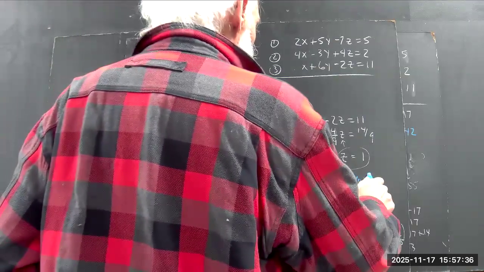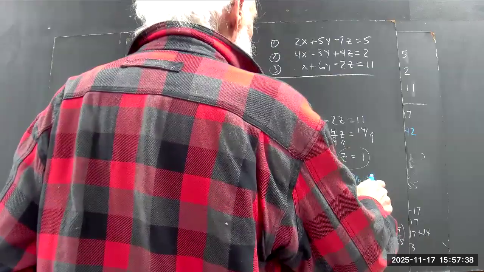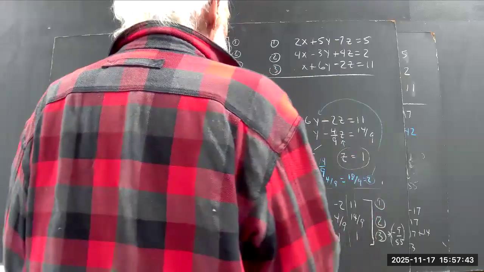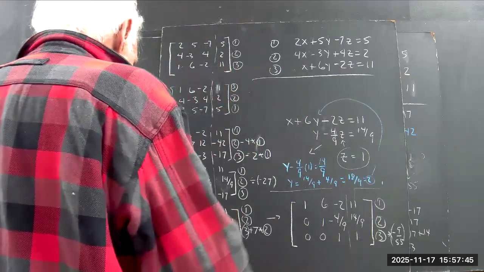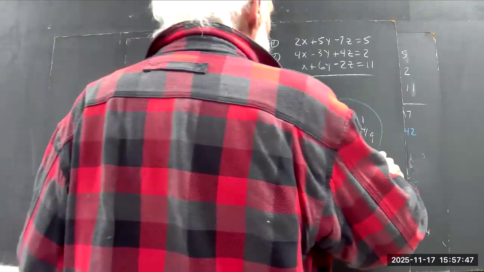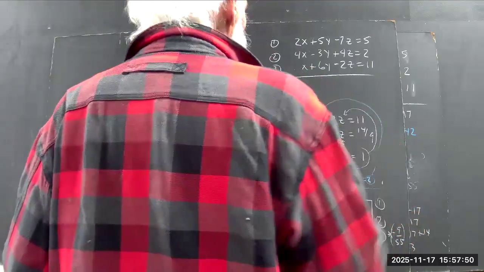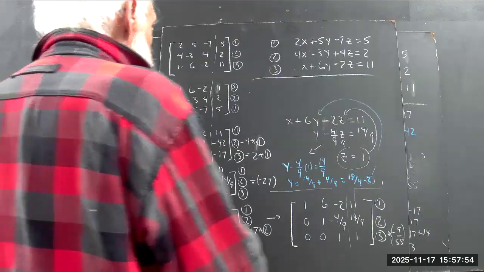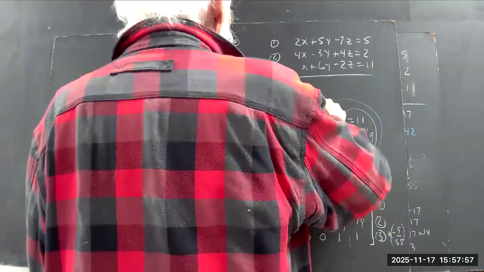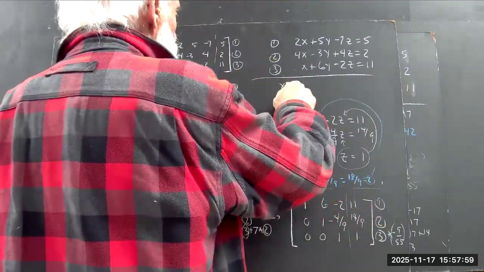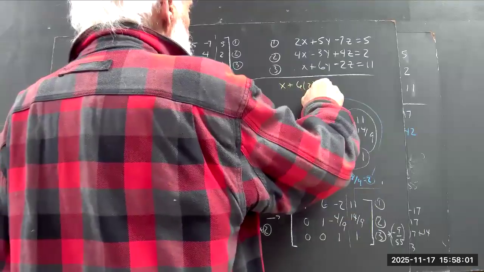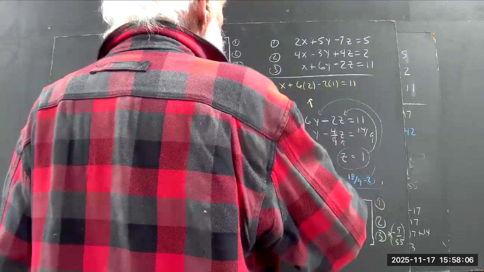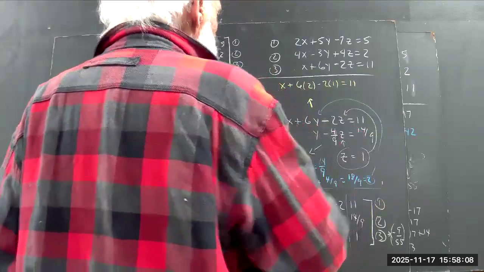Now we take that 2, and we have our z equals 1. We plug that here, and that gives us 6 times 2 minus 2 times 1 equals 11.